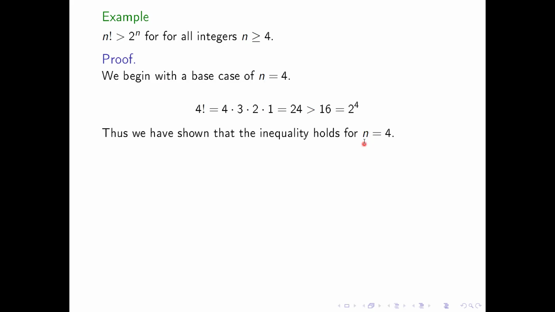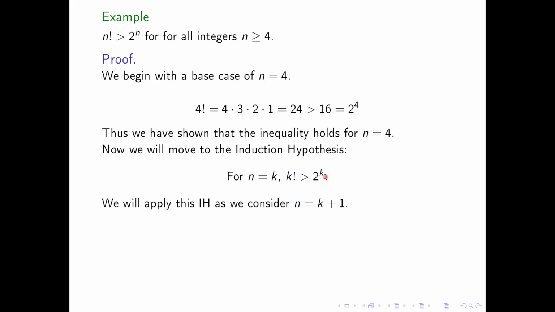Now, next question. What is your induction hypothesis? Well, remember, your induction hypothesis is that for some n equals k, k factorial is bigger than 2 to the k. And we now want to look at when n equals k plus 1. Warning though, I cannot start with my inequality.